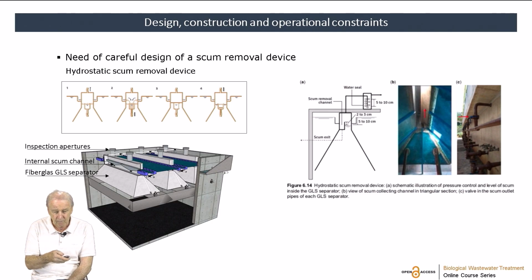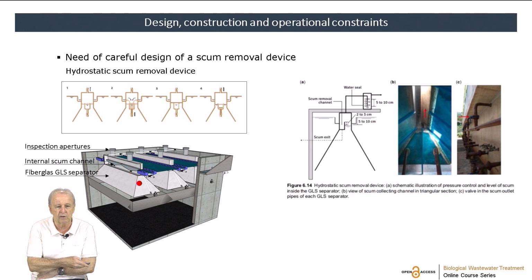And here we also have one recent development, what we call a modular three-phase separator made in fiberglass. This three-phase separator comes with inspection apertures that allow, when necessary, to see the scum and remove the scum via this internal channel. It also has the collection weirs together with the three-phase separator.